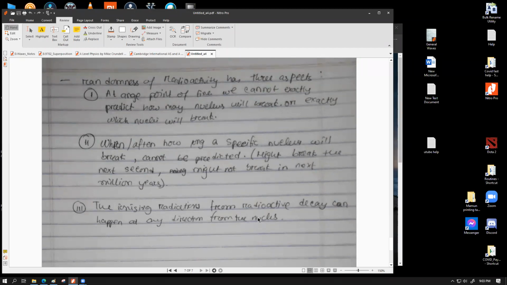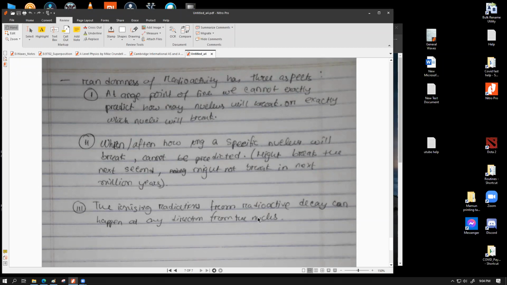So if you have 1000 particles to start with and 10 minutes is the half-life, you know that 500 particles will remain. But exactly which 500 would decay, you cannot pinpoint from earlier. Any 500 might decay. So these are the aspects: at any point of time, you cannot exactly predict how many nuclei will break or exactly which nuclei will break. This is the first aspect.